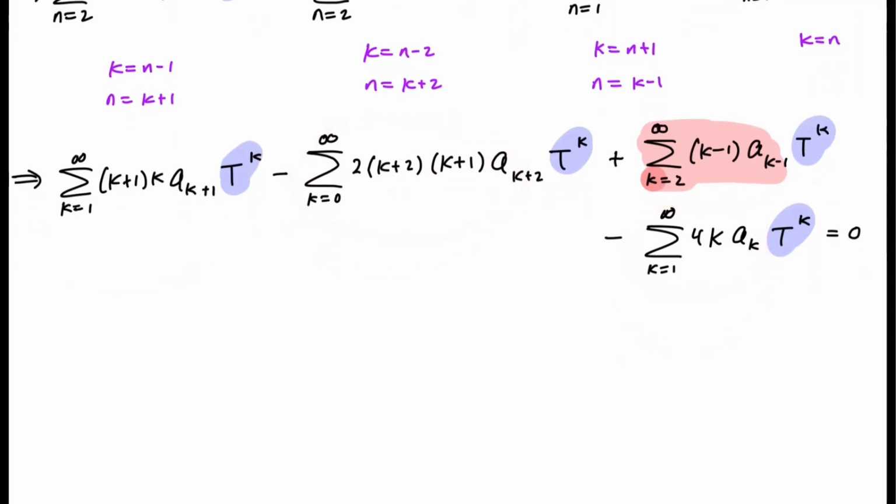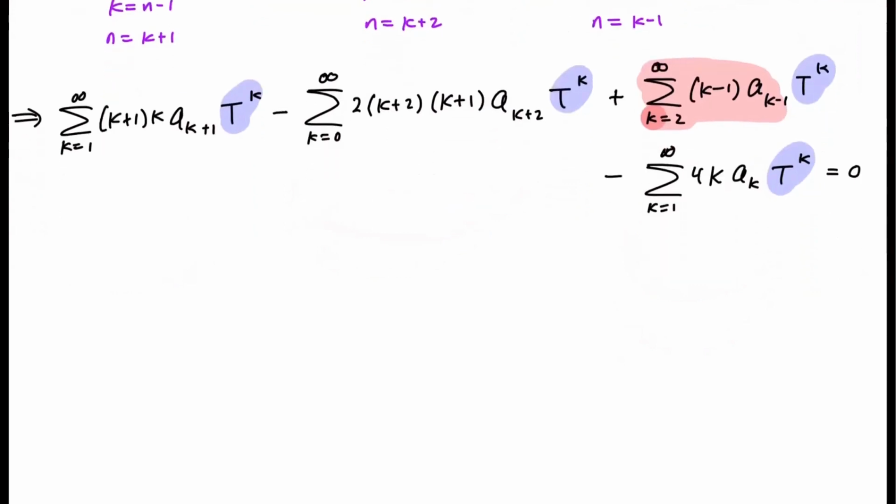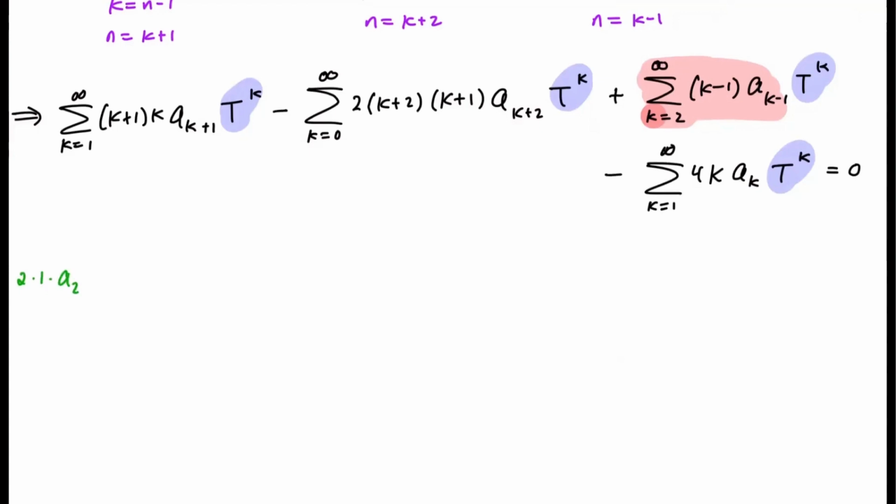Okay, so for the first summation, we write out k equals 1. Now these terms are not so needed, but I'm going to write it out anyway. So if k equals 1, you're going to have 2 times 1 times a sub 2 times t to the 1. So now this one can start at 2. So let's hold on to that. For the second one, we write out 2 terms, k equals 0 and 1.